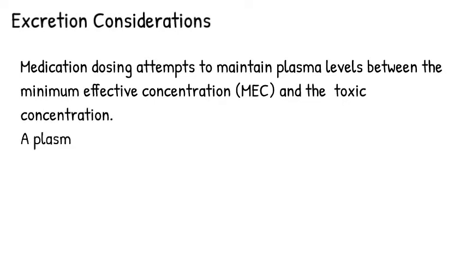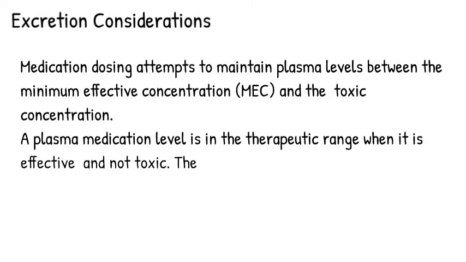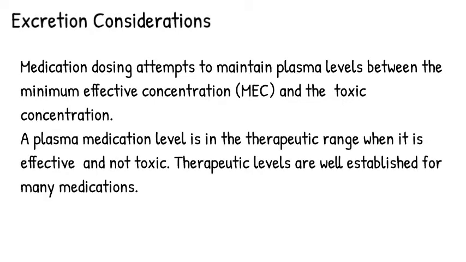So just like the liver, there are some things that we have to take in consideration with the kidneys and excretion. Medication dosing attempts need to maintain a plasma level between minimum effectiveness and toxic concentrations. So we want to make sure that we have a therapeutic level. We don't want it to be toxic because that can damage the kidneys.